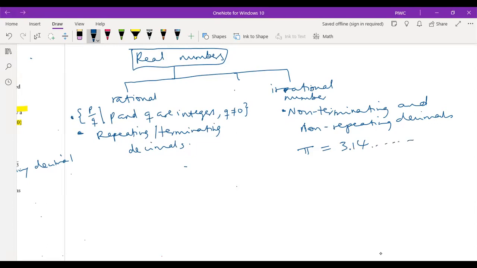It's a very long number, no end. Okay, so pi is an irrational number. If you take the square root of 2, the square root of 2 is going to give a very long number, has no end, non-repeating, it doesn't repeat, it doesn't terminate.